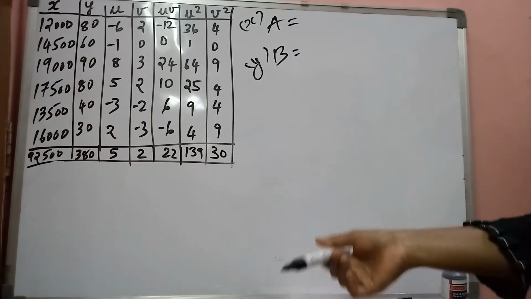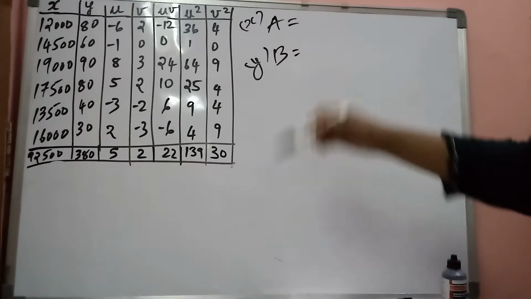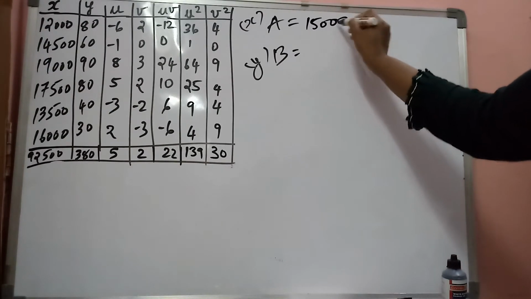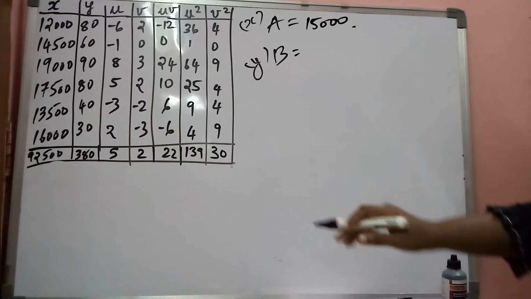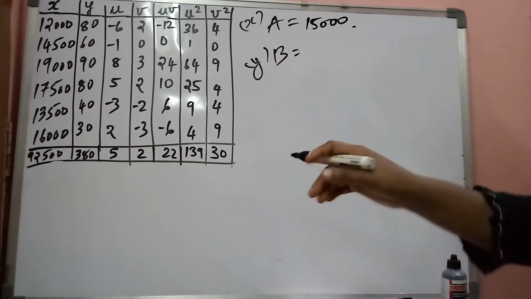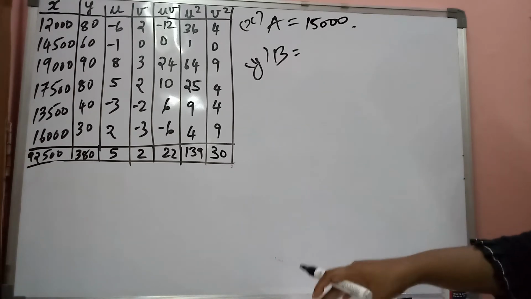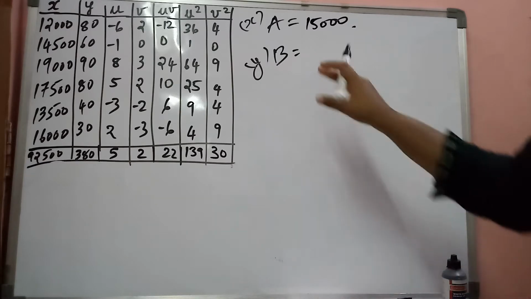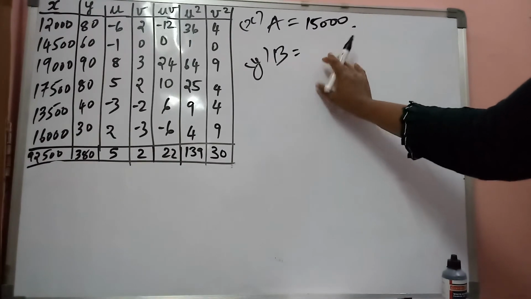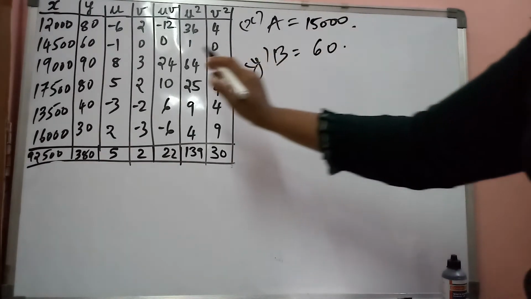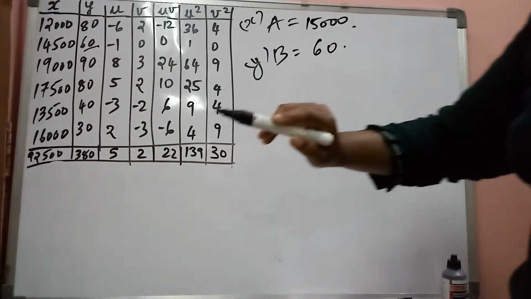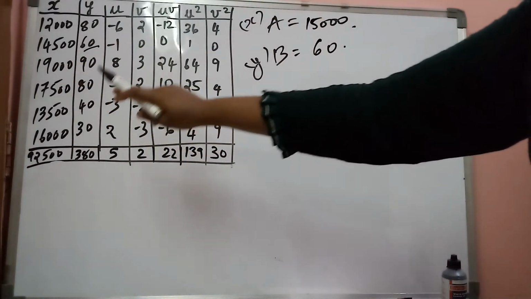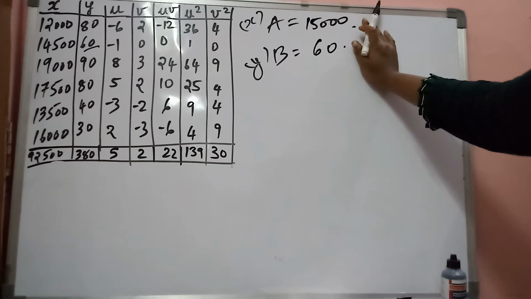So you can take the mid value. Suppose in this textbook 15,000 has been taken, so move on with this number only, so that your answer would match the textbook's answer. Then b is taken as 60. You can take any number. 15,000 is not there in the data, but it's okay, you can take any assumed value.